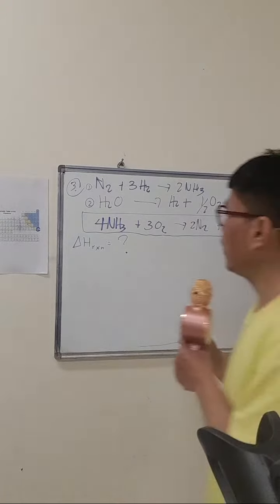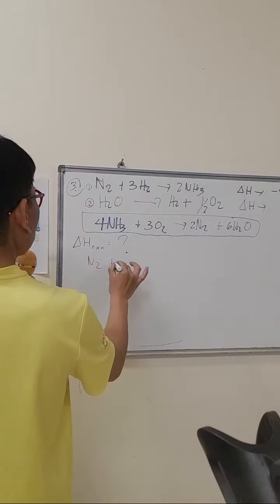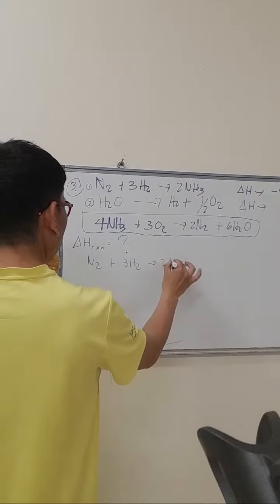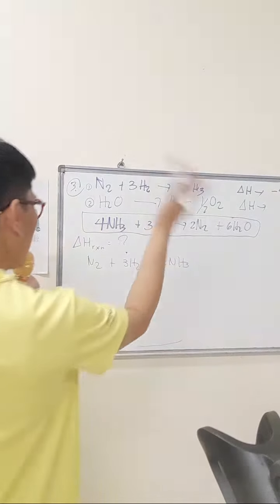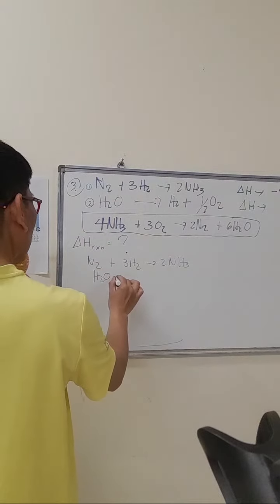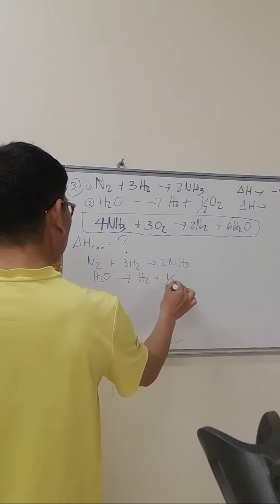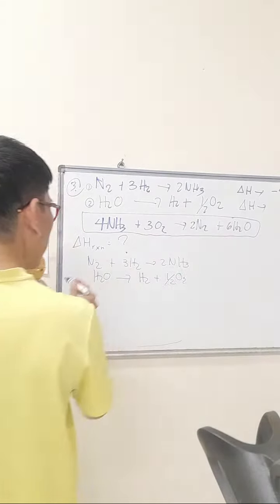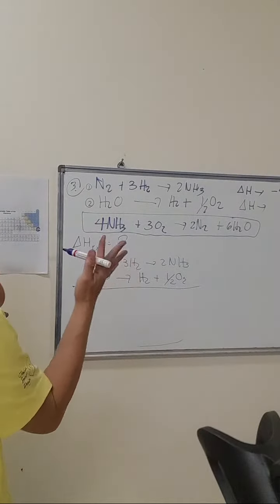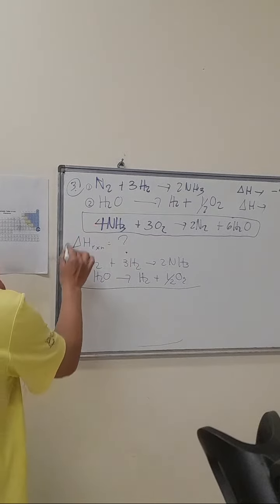Okay, and it's very clear. Now I have to say it like this: N2 plus 3 moles of hydrogen gas is equal to 2 moles of ammonia, plus equation 2, water equal to hydrogen gas H2 plus 1/2 mole of oxygen gas. Then add this if we try to yield the same overall chemical reaction as presented by our problem.